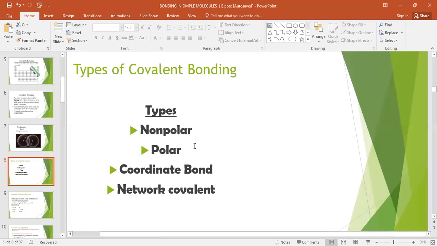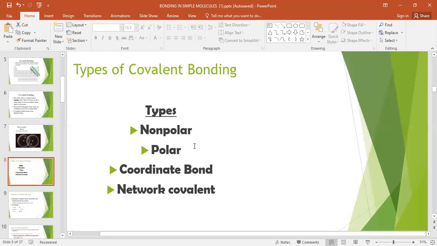Hydrogen, how many electrons? One. Good. We have two hydrogens, both have one electron. Now I want to draw their electronic configuration. See here, the first atom: how many electrons in the outer shell? One. And for another hydrogen, how many electrons in the outer shell?